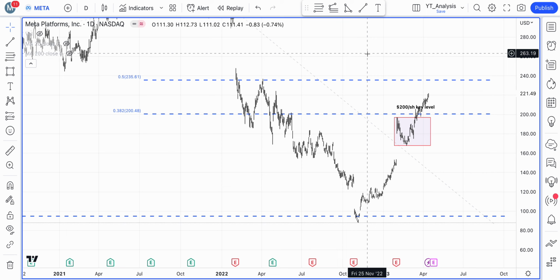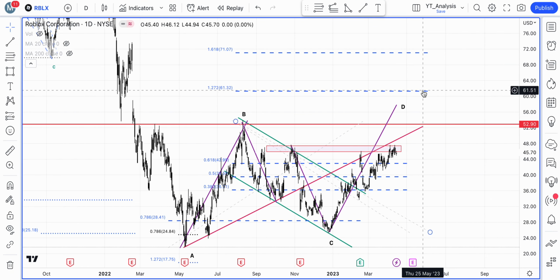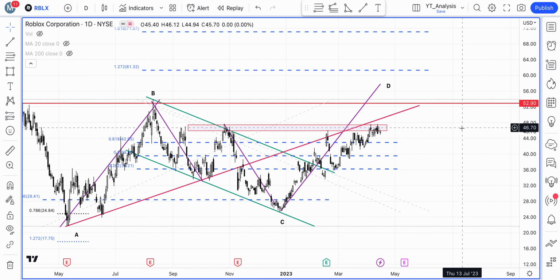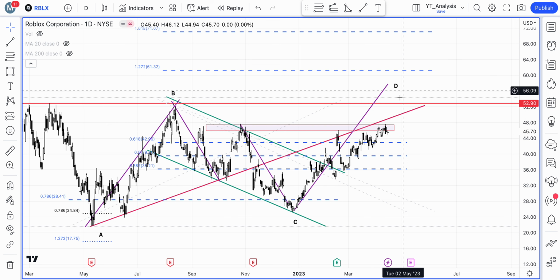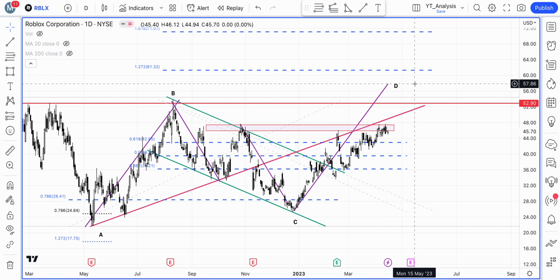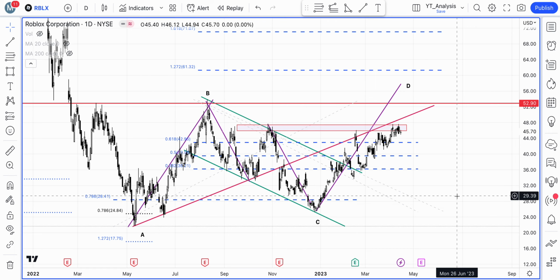Okay, then let's take a look at RBLX. What we think is that RBLX is also moving into this one-to-one ABCD formation, anywhere between the $57 or $58 per share level to about $61 per share level. However, there are a number of resistance levels which it needs to overtake.